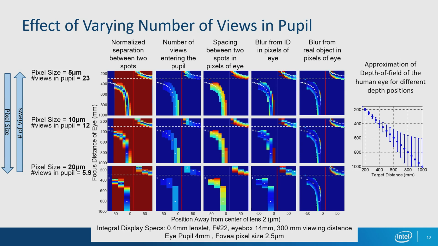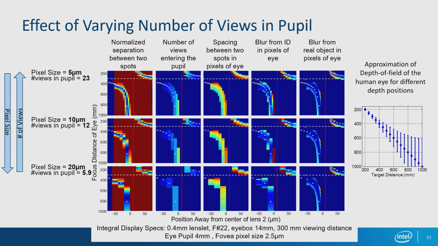The second conclusion I draw from this analysis is that these are the regions which have continuous blurred spot size. The blue region is in focus. So let's say my eye is focused at 800 millimeter in this display, one point will be in focus, but there are two other points which will have a continuous blurred spot. It will not have these choppy, overlapping, chunky edges.